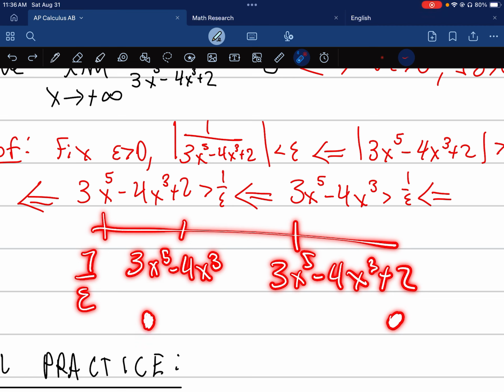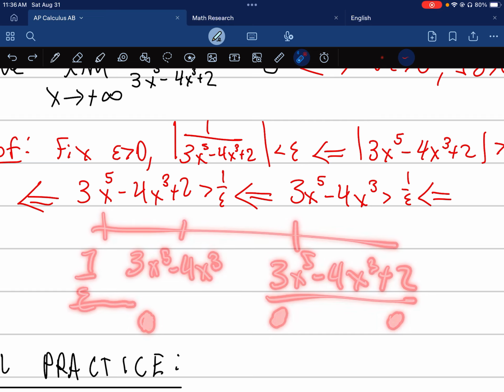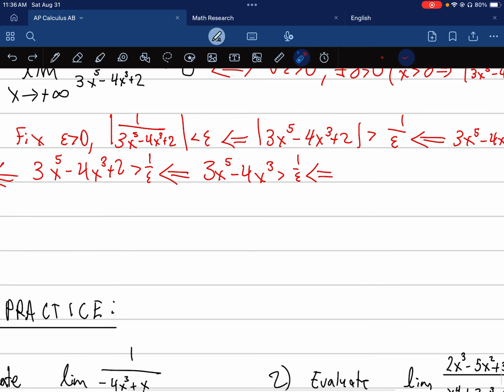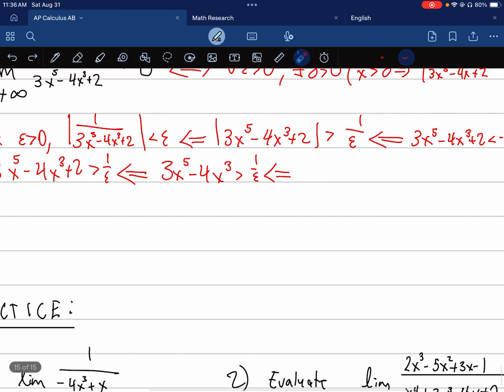So, in that case, we can notice that obviously this has to be to the right of 1 over epsilon. In other words, this is true. So whenever we have a greater than, we can always add a number, right? It'll still be true because now the number is even going to be even bigger. So here, this is true. We can just eliminate this, very easy.